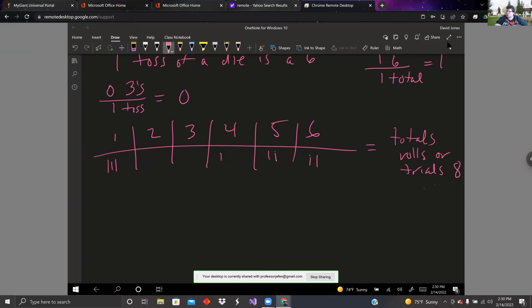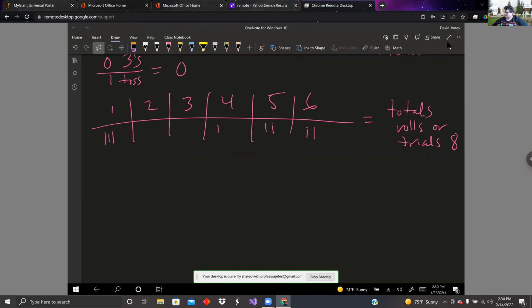So if I start looking at my relative frequency, the relative frequency of a 1 is I had 3 rolls over 8, which is 0.375.